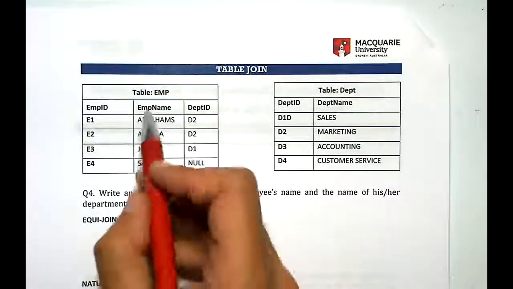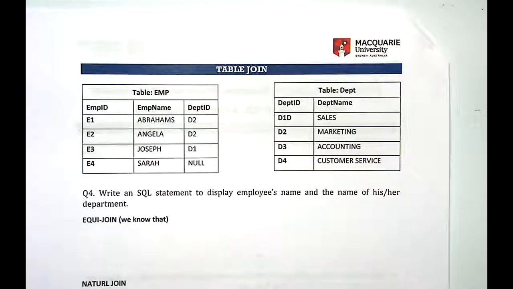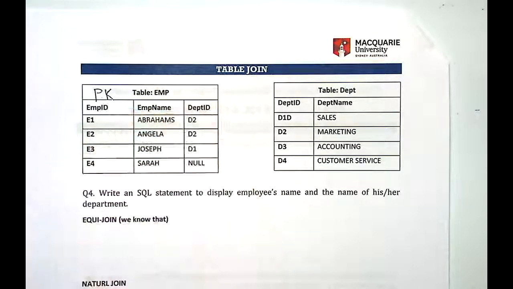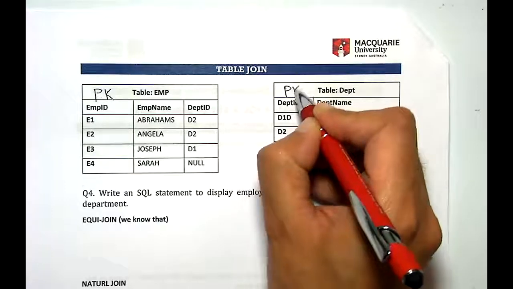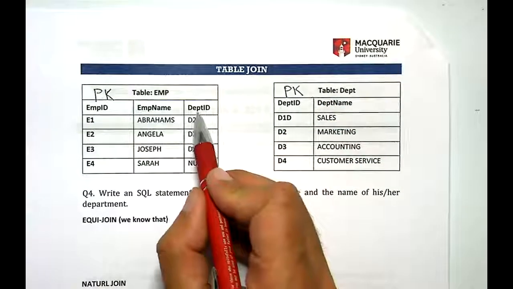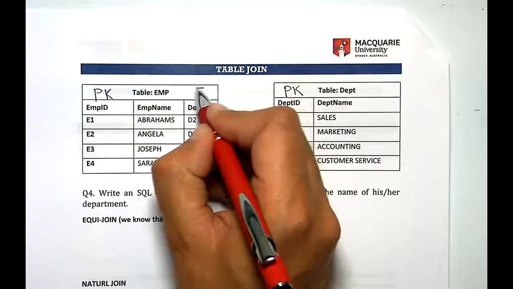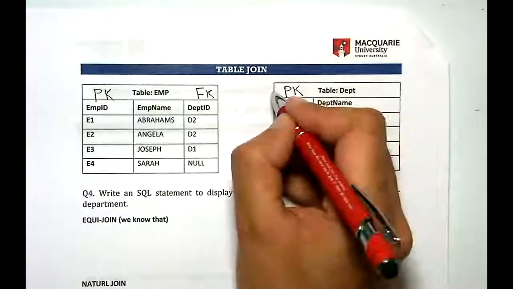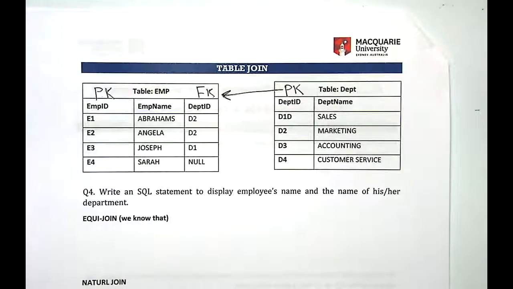So in this table, the employee ID is the primary key, and in the department table, department ID is the primary key. Department ID here is a foreign key, so this is the FK, and these two tables are linked by a primary key and foreign key relation, like this.